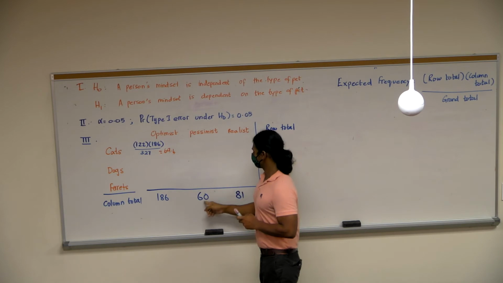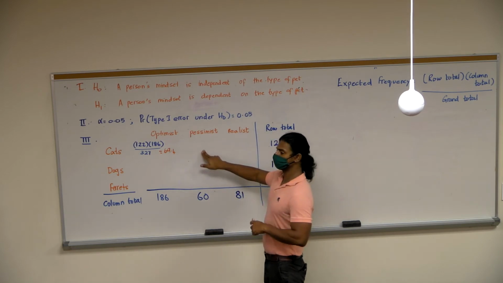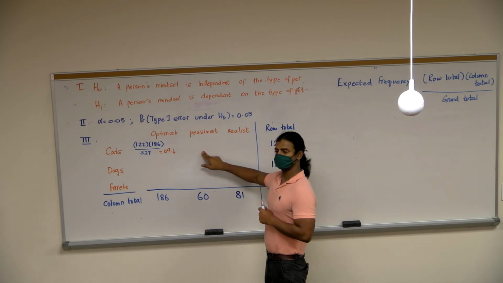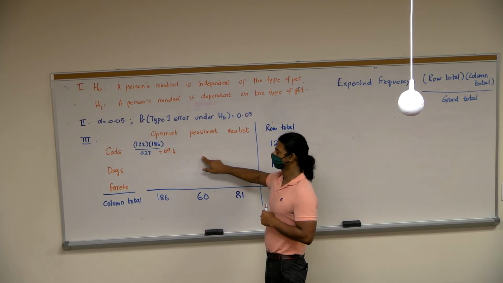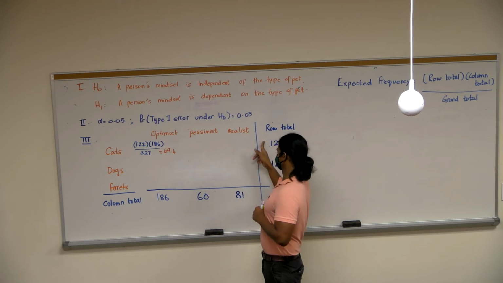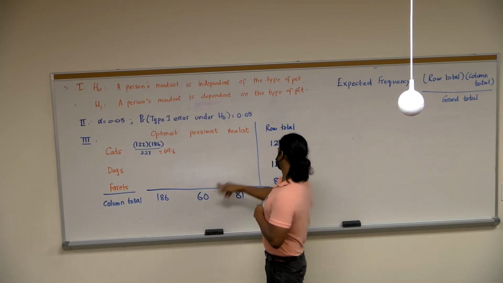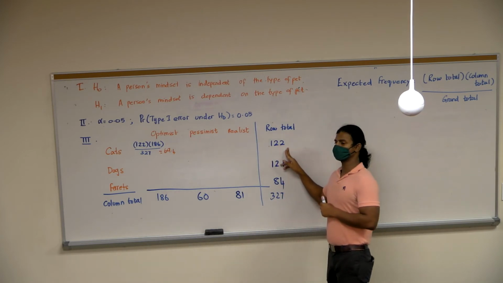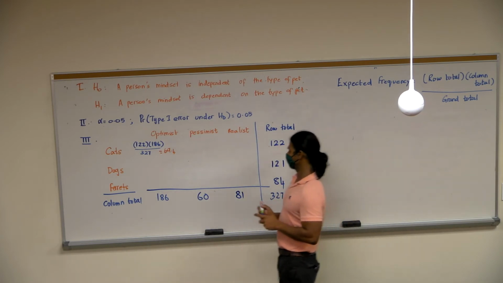And what should we multiply here for the second cell? 16 multiplied by 122 divided by 327.